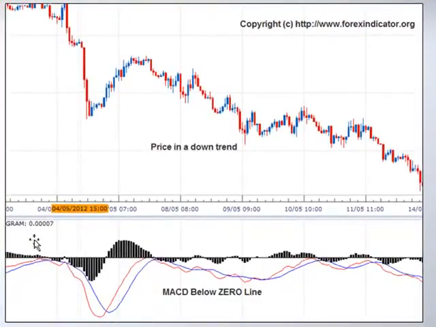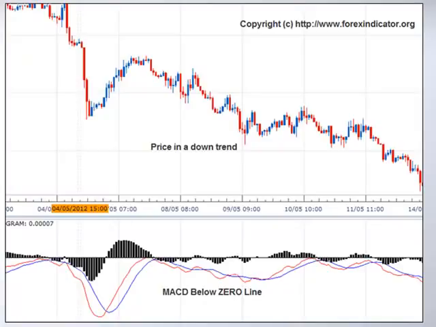If you see the MACD line is above the zero line all the while, you'll find that the price is always moving in a strong uptrend. So from the MACD line itself, whether it's above or below the zero line, and for what duration, it can tell you whether the market is currently in a strong uptrend or a strong downtrend.